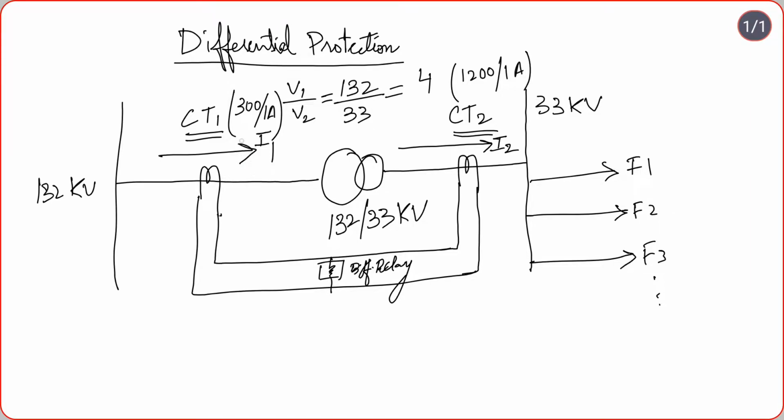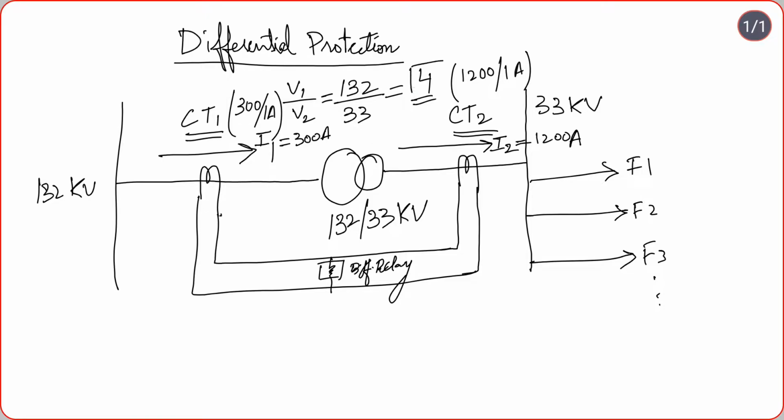Let us suppose a full load current of 300 is flowing, that is, I1 is 300 amperes, and I2 will be 1200 amperes, because it's a factor of 4 that's getting multiplied.